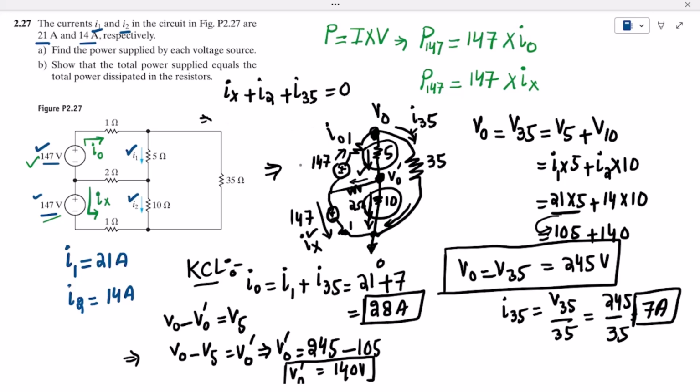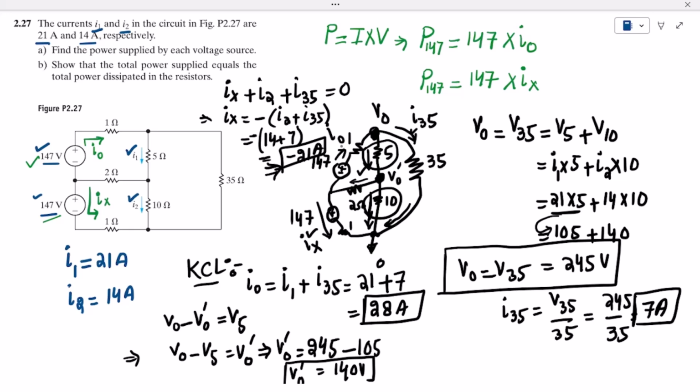So in order to find the value of Ix, it is minus the sum of I2 and I35. The value of I2 is 14, and the value of I35 is 7. So it is minus 21 amperes. The value of Ix is also known.